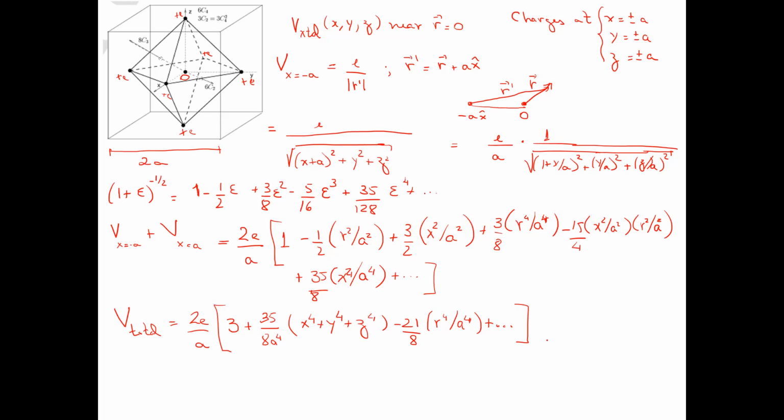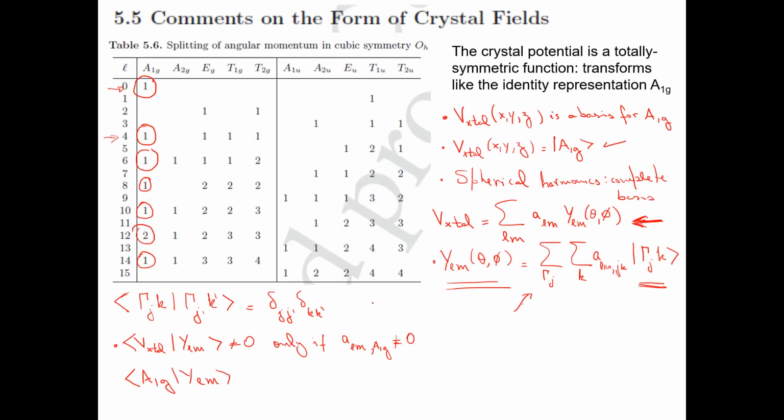Okay, so I don't have quadratic terms in the expansion of the crystal field potential, and from group theory this could be anticipated by looking at which angular momentum representations of the full rotation group can be decomposed in different linear combinations of irreducible representations of the group, but only those that contain the identity representation A1g will contribute to the crystal potential.